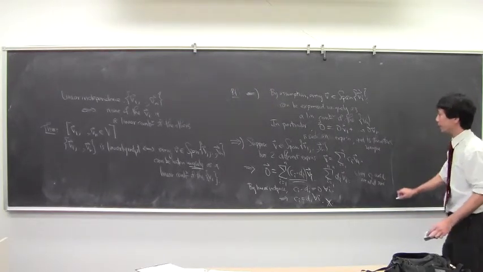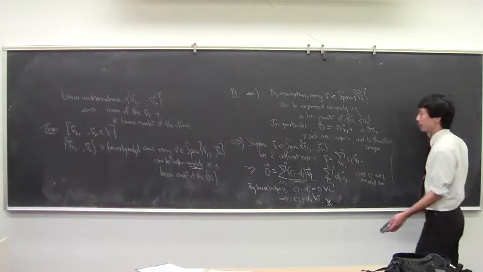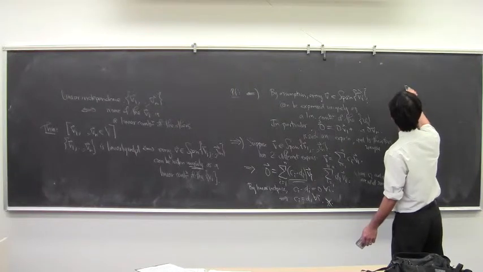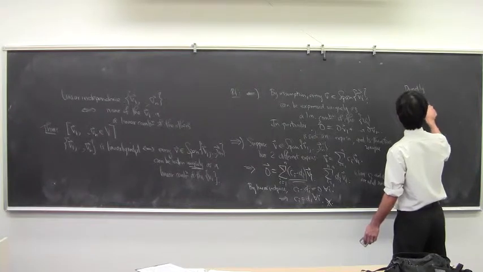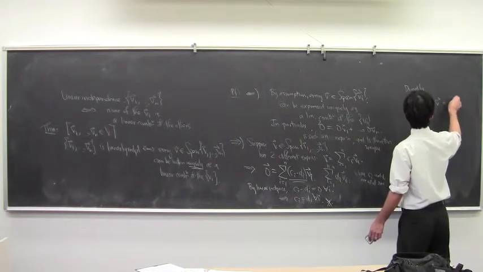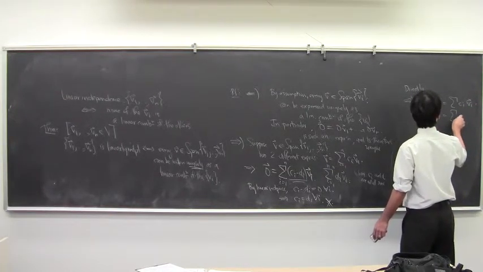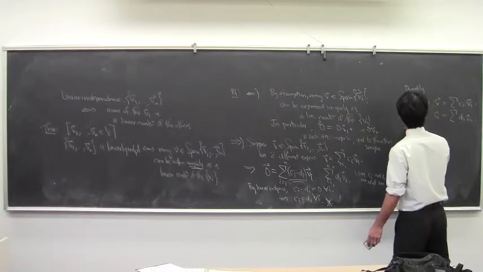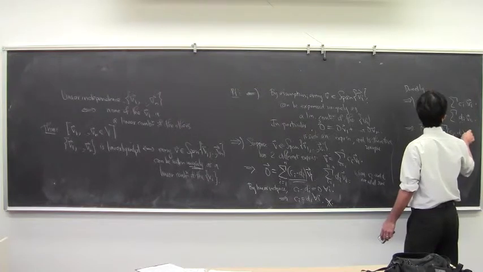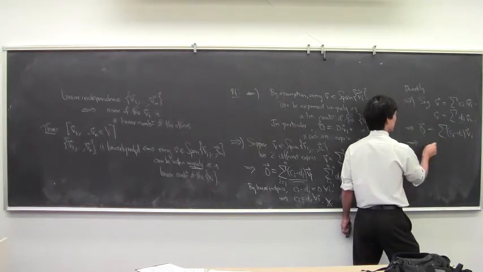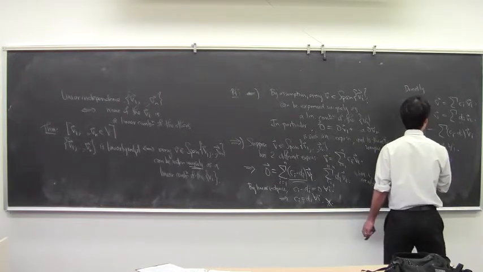We could have written this in a more direct manner, not by contradiction. You could say, well, look, let's write it directly. Say that V equals the summation of Ci Vi, and V equals the summation of Di Vi. Then 0 is the difference, and that tells us that Ci equals Di for all i by linear independence.